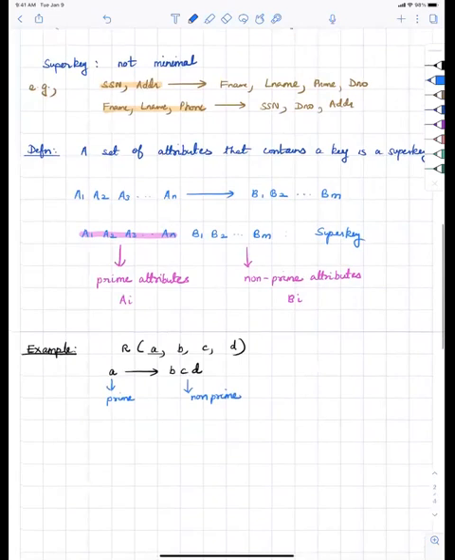And a super key would be anything where you have A inside. So AB is a super key, ABC is a super key, ABCD, AD. So anything with A in it is a super key.